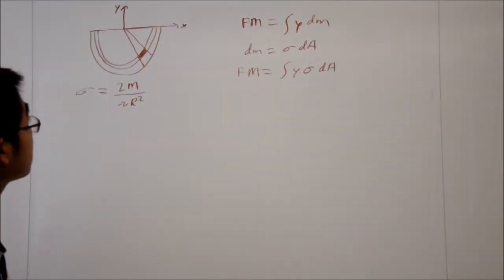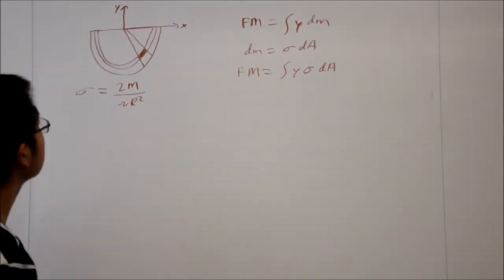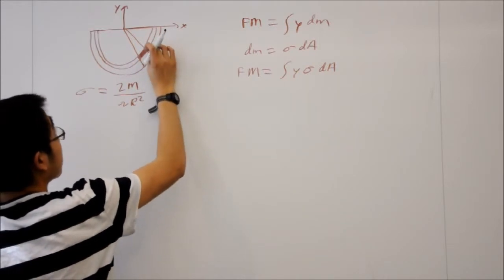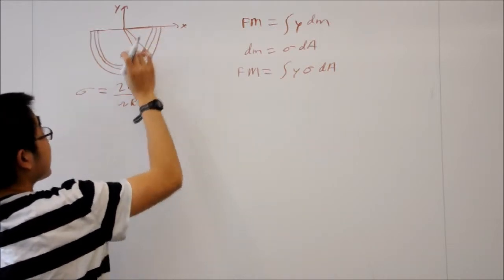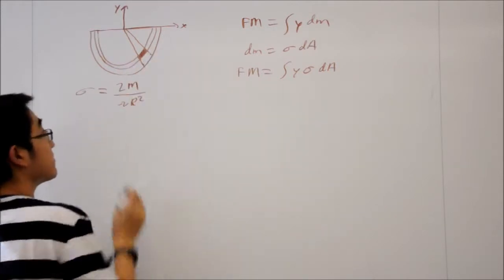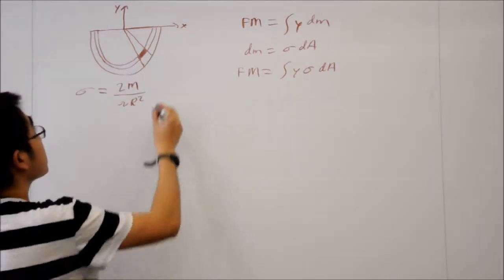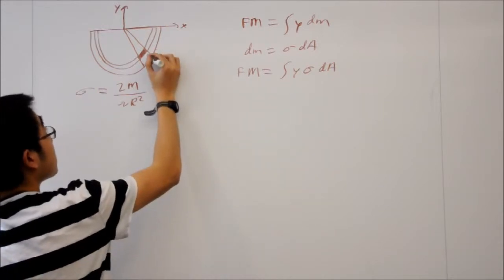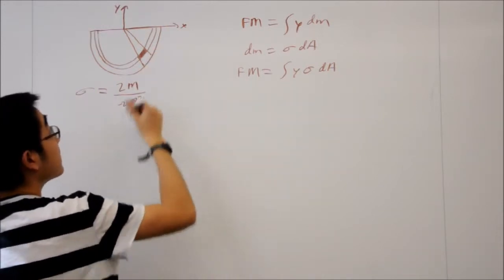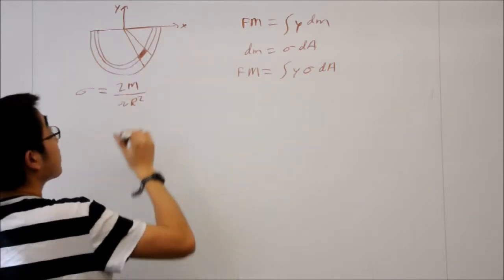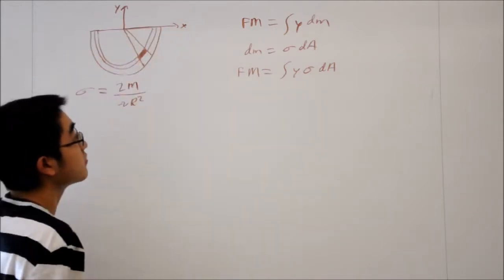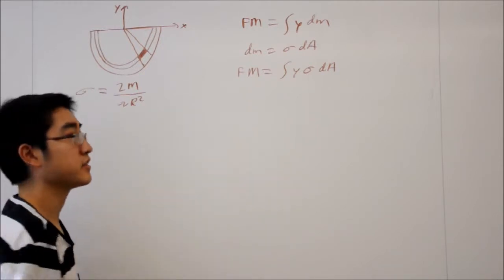So here we have that the width, or the radial thickness, of the area element is just dr, and the arc length is given by r d theta, where r is the radial distance from the origin, which is the same coordinate system we used in the last video.